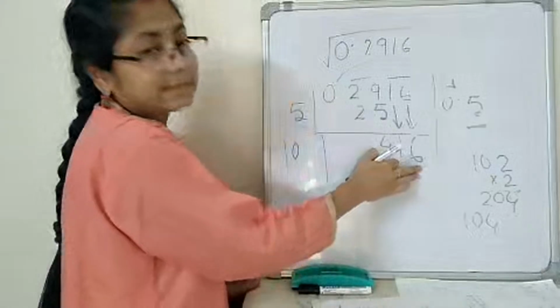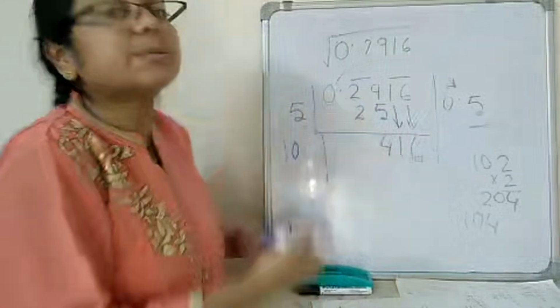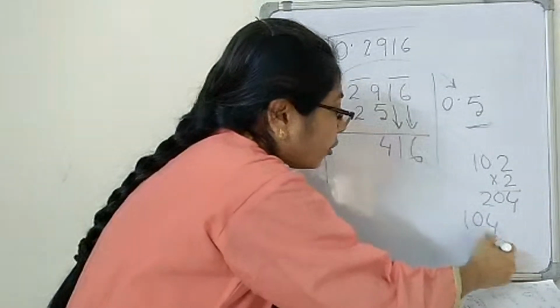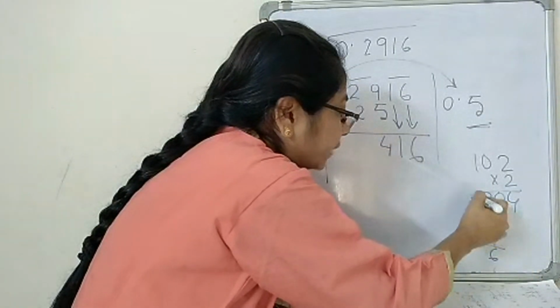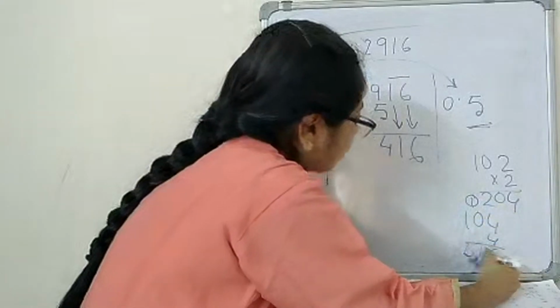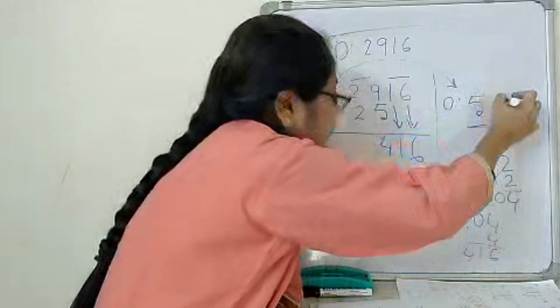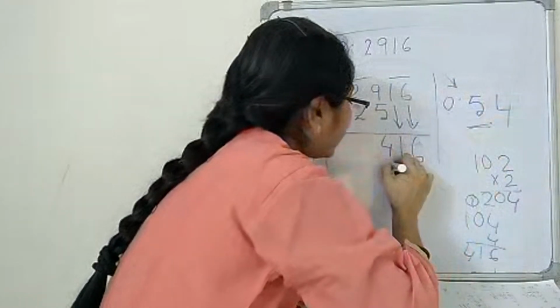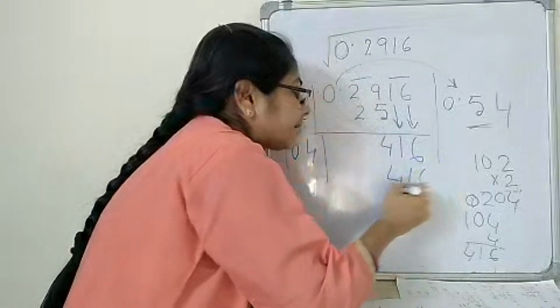Because the last digit is 6, it may be 4 or 6. Okay, I do it with 4. 1 carry forward, 4, 1, 4, 4. I write 4 here, I write 4 here, 4, 1, 6.